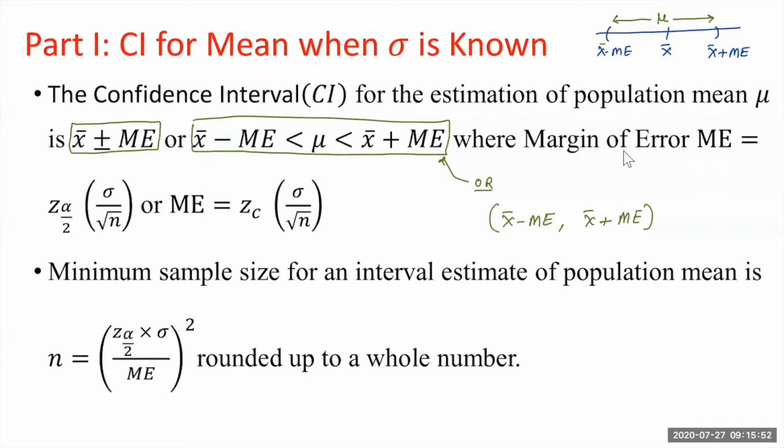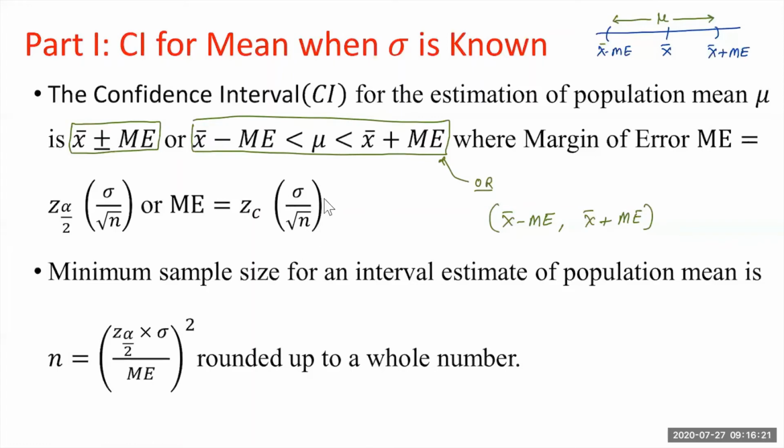Very important. When we want to calculate the margin of error, it is equal to Z alpha over 2, or we call this Z critical, simply written ZC sometimes, multiplied by the standard error that we know from the central limit theorem. So Z sub C times the population standard deviation divided by the square root of n.